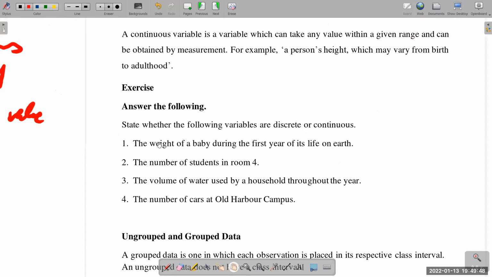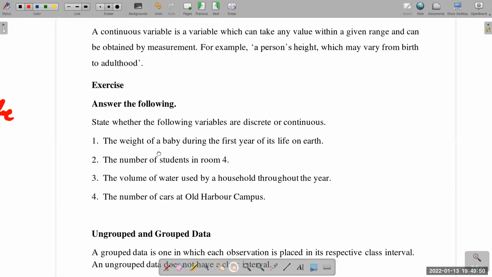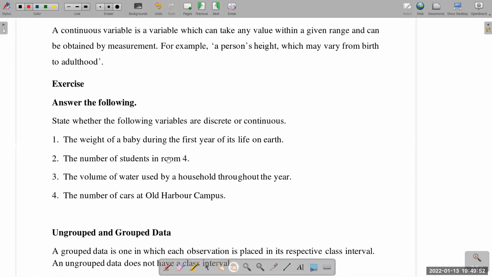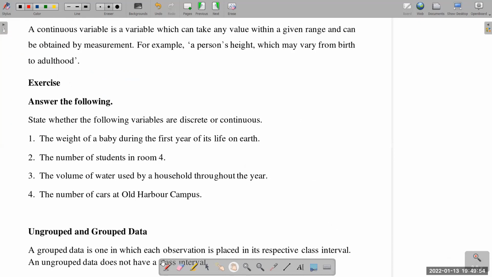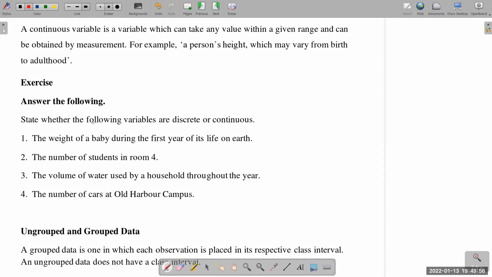So we have here the weight of a baby during the first year of its life on Earth. We need to decide. First of all, is it qualitative or quantitative? Just tell me quan or qual. So just type quantitative or qualitative. Which one do you think it is?